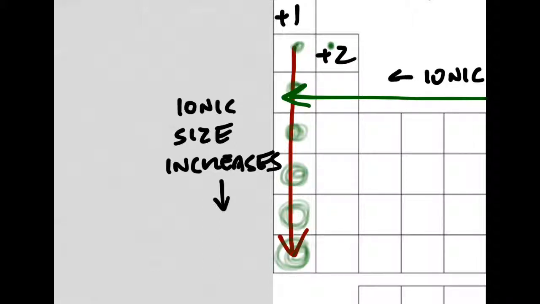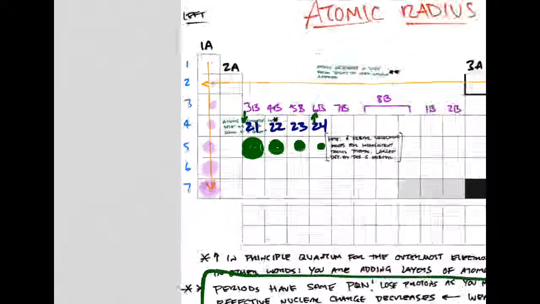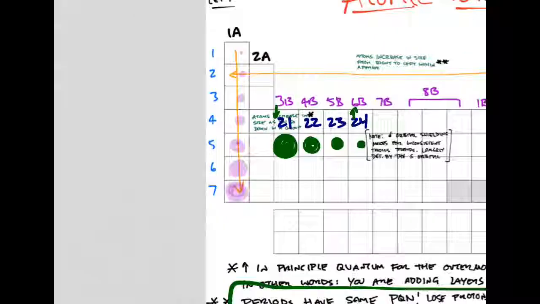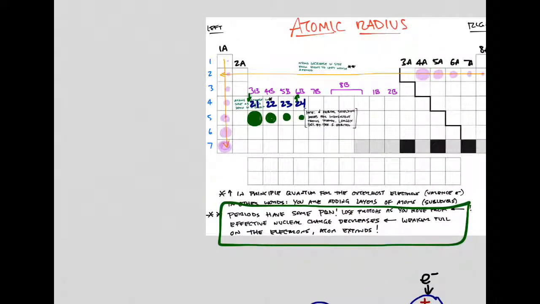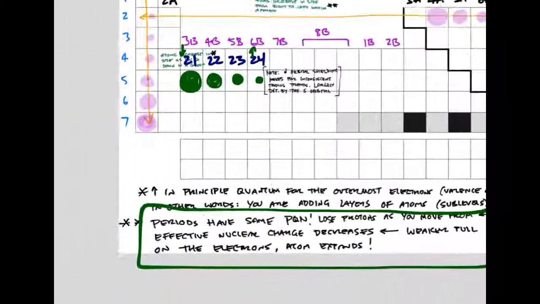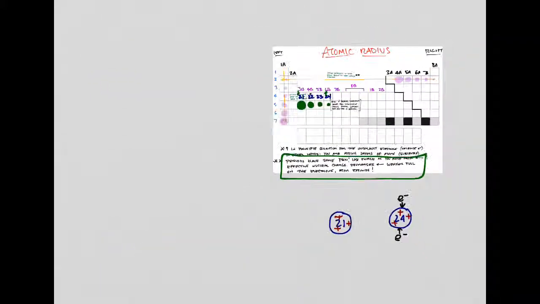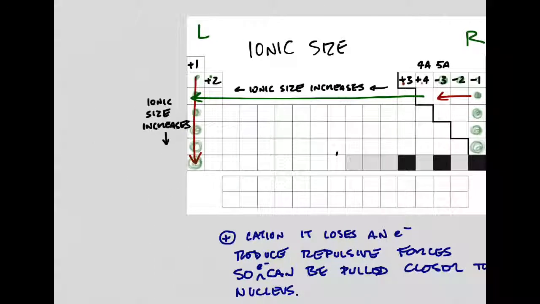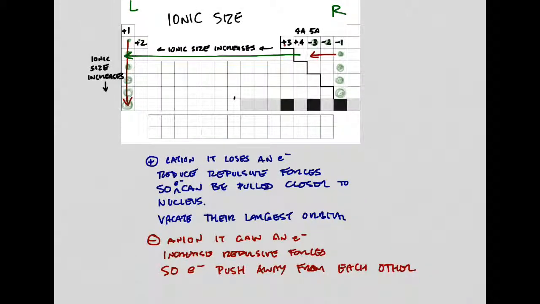But keep in mind that if we go back to this trend, the atomic radius, then we're still talking about these dudes moving up a principal quantum number, so they're just getting bigger from having more electrons and protons in larger and larger orbitals. Okay? All right. So I hope that explains the concept of ionic size.